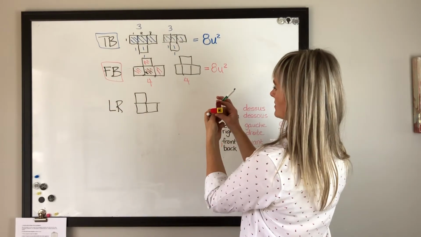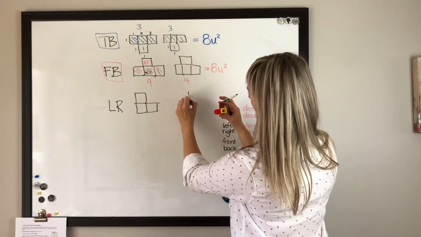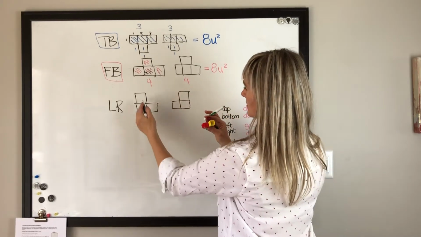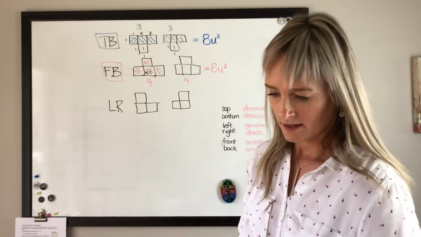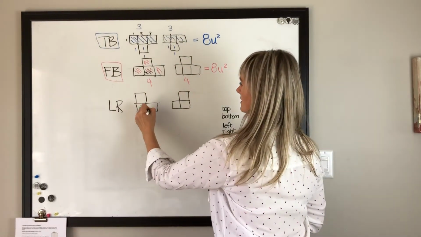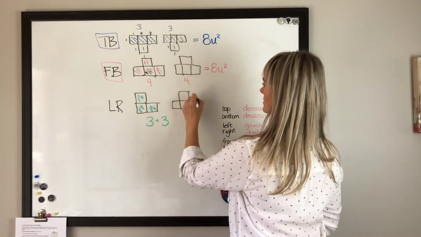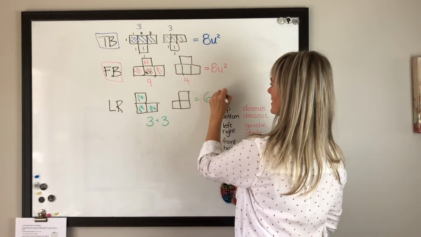And then when we flip it this way to look at the other side, it's the mirror image. Okay, so you can easily tell that we have 3 units here, plus 3 here, so this will be 6 units squared.